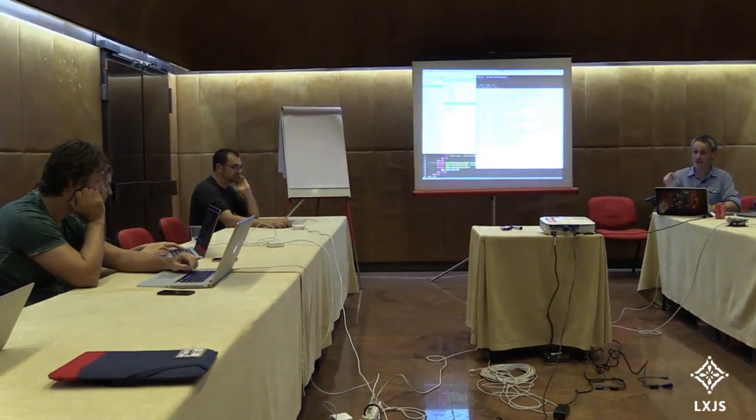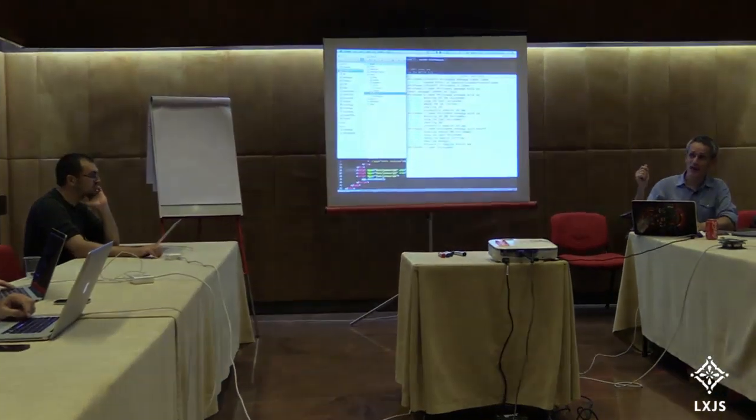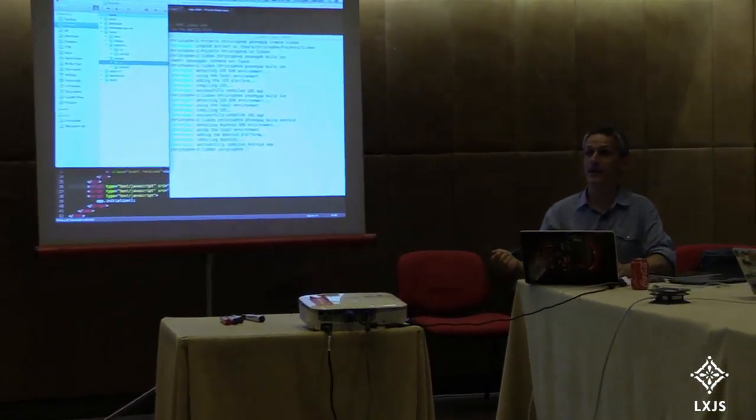Now, if you have it and it thinks you don't have it, it's because it's not in your path. There are two things that need to be in your path from the Android SDK: the tools directory under Android and platform-tools. So these two things need to be in your path. If they are not, then we're not going to be able to build, and we're going to try to build it in the cloud for you.